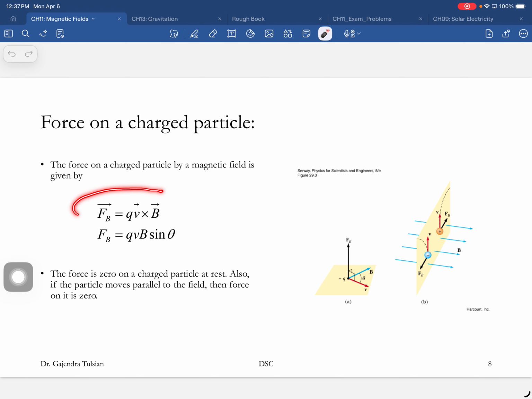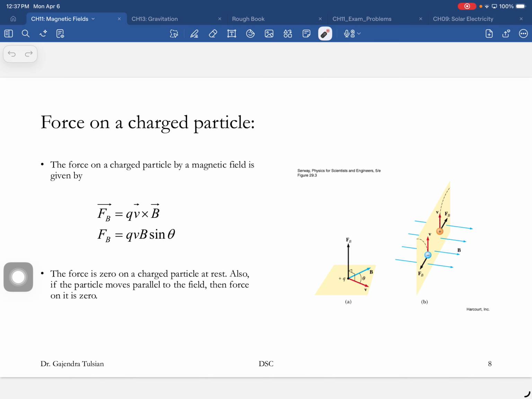And so this is the main equation we'll study. To detect this magnetic field, you need a moving charge at that location. Okay. And the force is a cross product of the velocity times the magnetic field. Okay. And the only time this charge doesn't feel a force is when the velocity is either parallel or anti-parallel to the magnetic field.